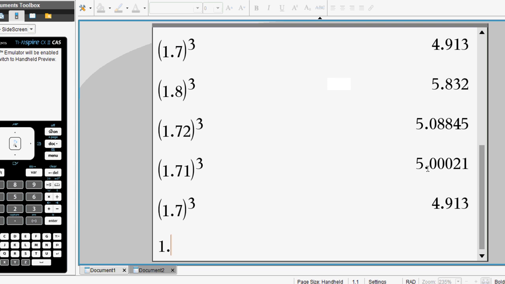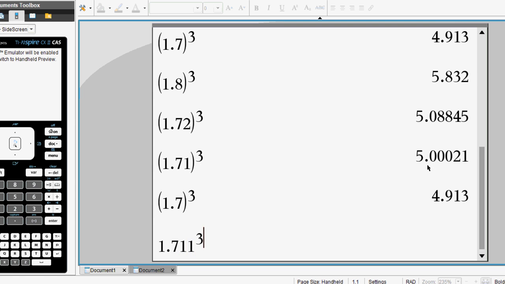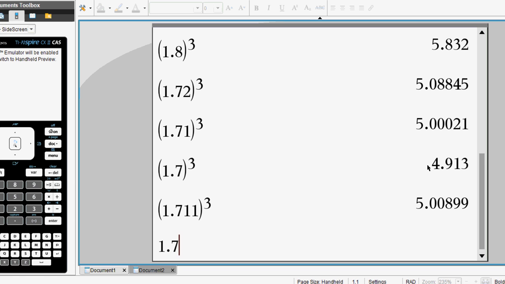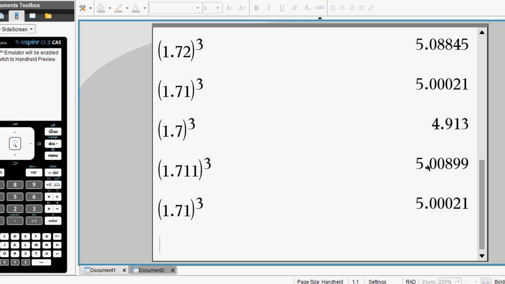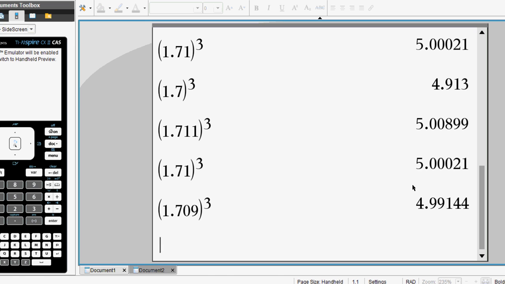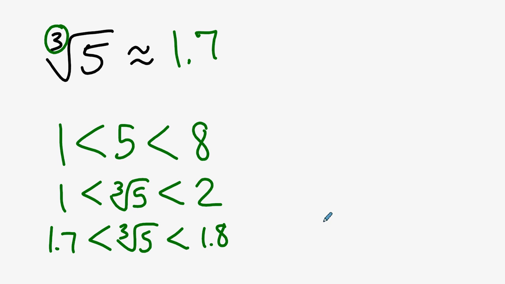It's very close to 1.71, so maybe I'm looking at that's too big. Oh, that's still too big. 1.709, that's smaller. So now we're trapped between 1.709 and 1.71, and we can continue in this way until we figure out a value that's approximately the cube root of 5.